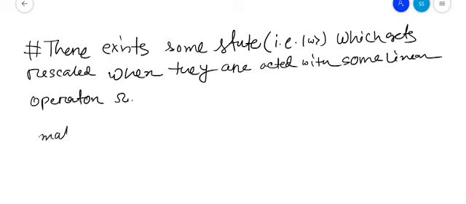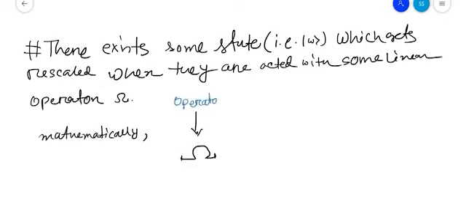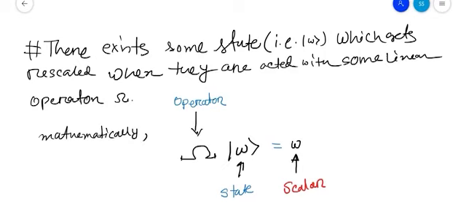Mathematically, this means if you have omega, the operator, and this is my state, the term rescaling means you have a scalar number over here, and finally you have something like this.